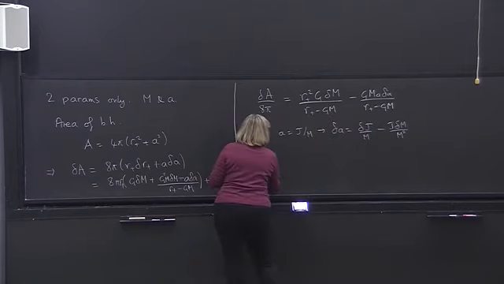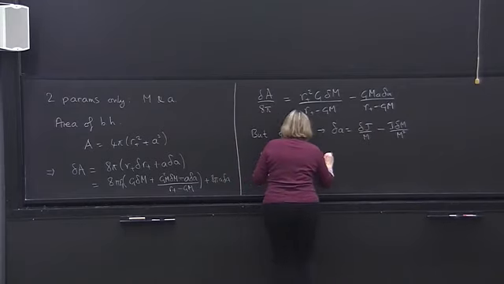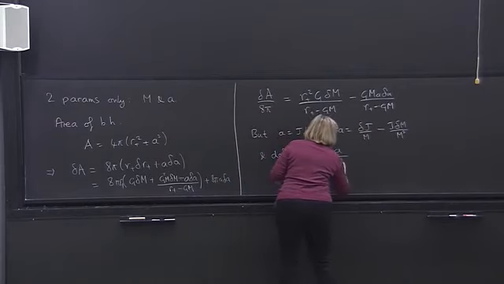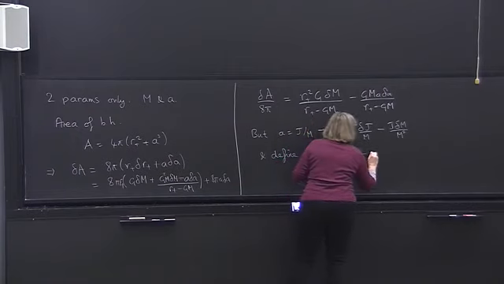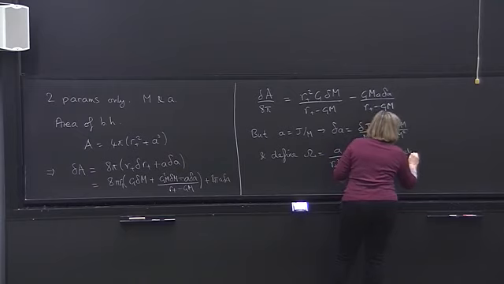I'm going to define omega, which is the angular velocity of the horizon.